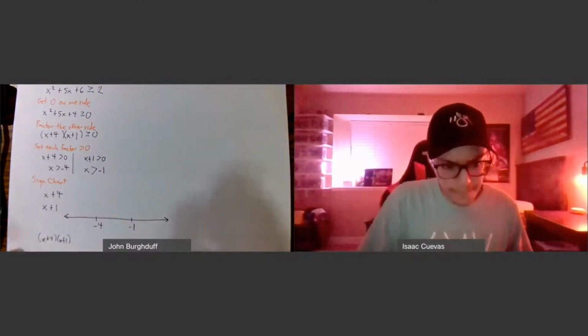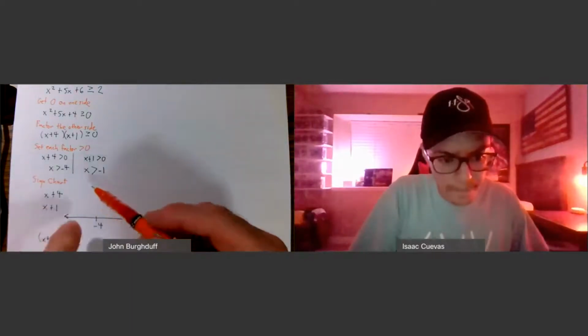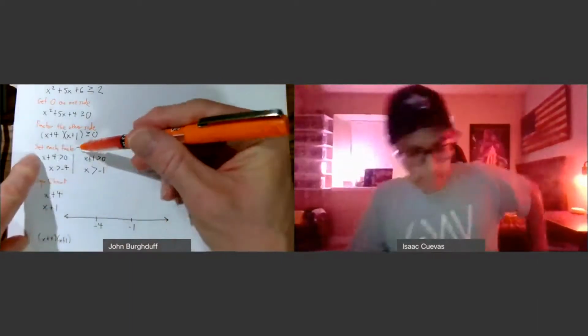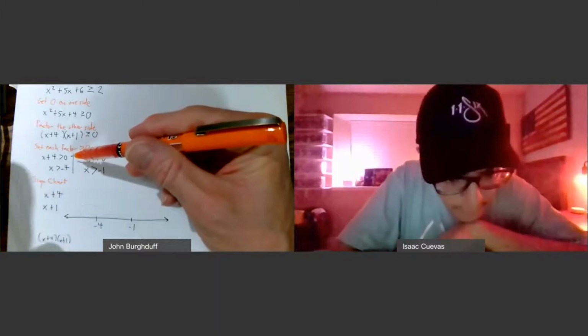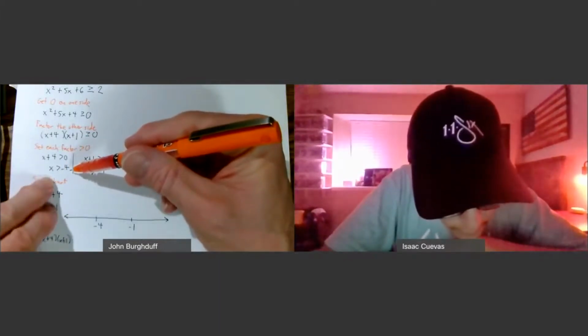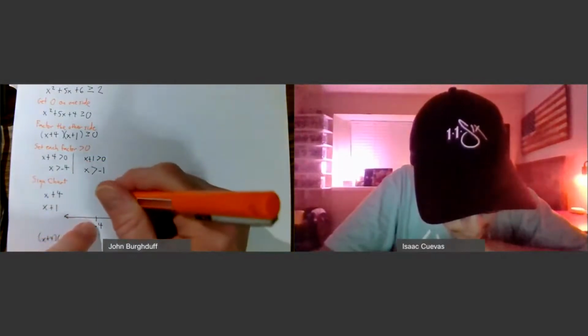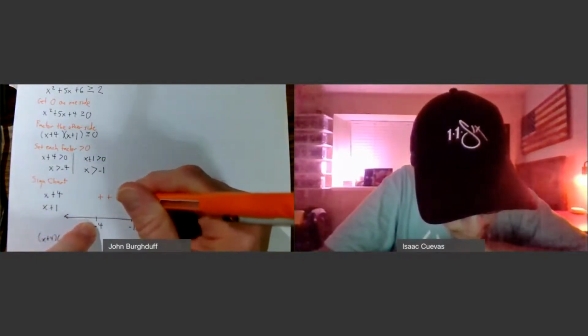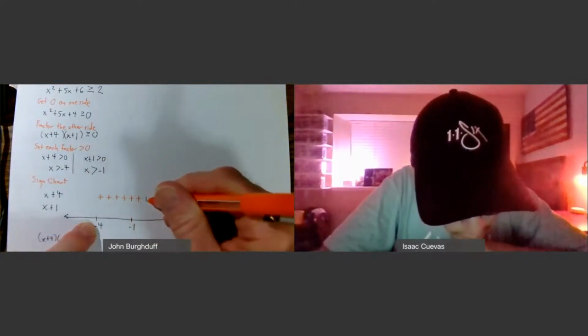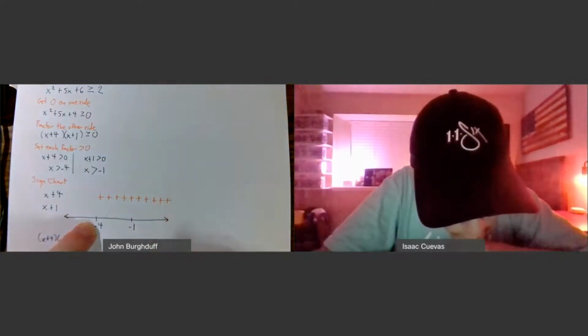Okay, so let's go to each one. x plus 4 is greater than 0. Greater than 0 means positive whenever x is greater than negative 4. So for any value of x greater than negative 4, x plus 4 would be positive. And you just put a bunch of plus signs.